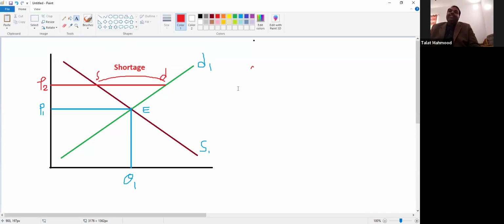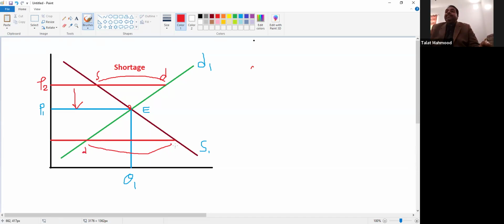So government intervenes. Government comes and pushes this price down. When the price of this product goes down, automatically it gains the equilibrium over here. So there is another way. If the price is low, here you see that there is a difference between demand and supply.